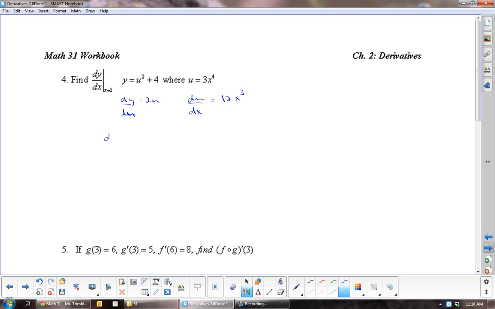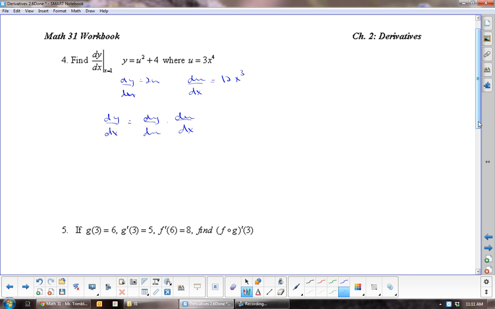Now if you can remember, dy over dx equals dy over du times du over dx. So now it's all substitution, because dy over du is 2u times du over dx is 12x cubed.